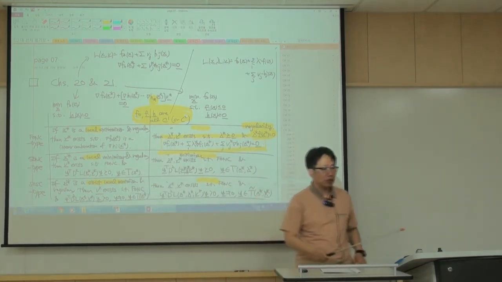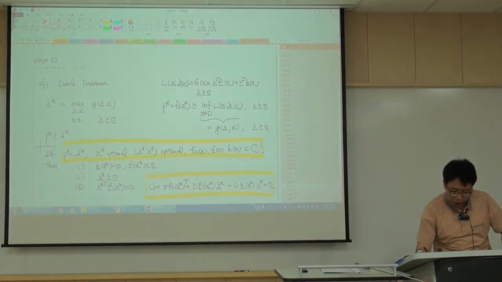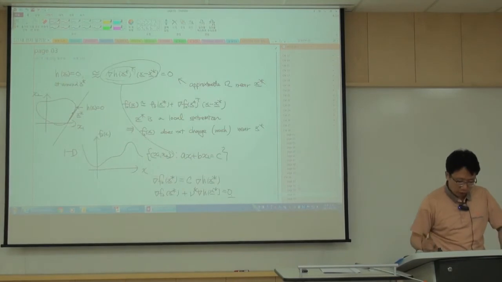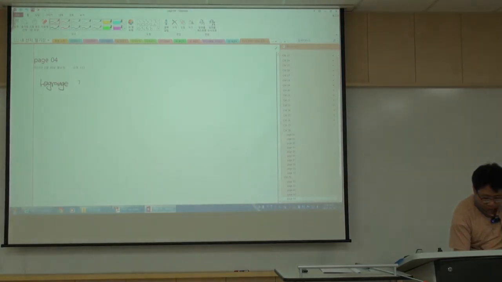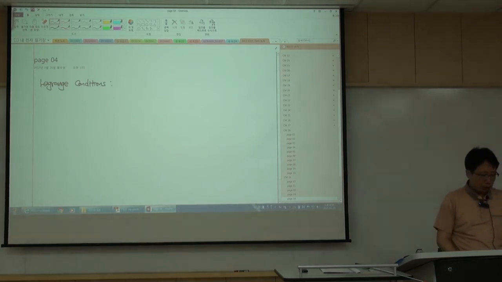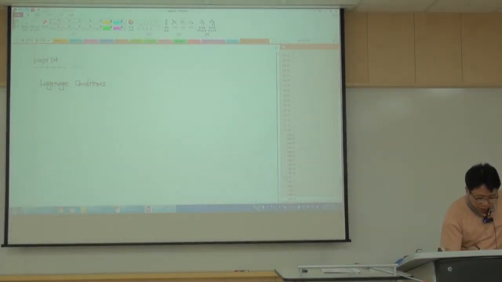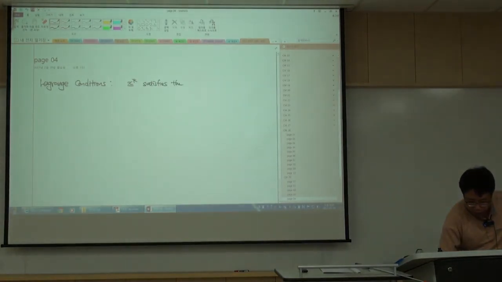And this condition is called the Lagrange conditions, or Lagrangian conditions. So here goes the summary. The Lagrange conditions are like this. So x star satisfies the Lagrange conditions.